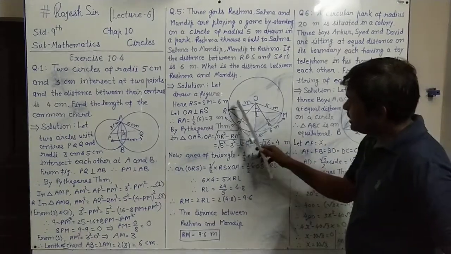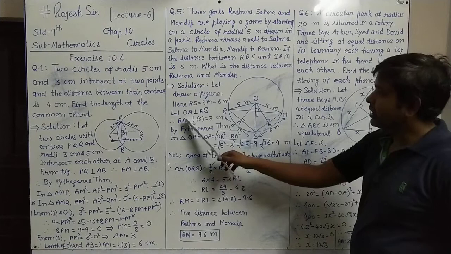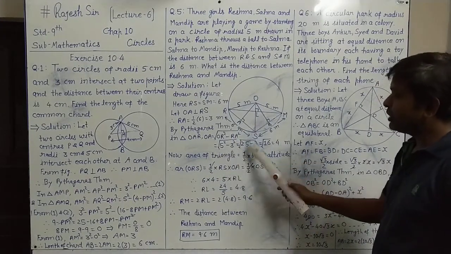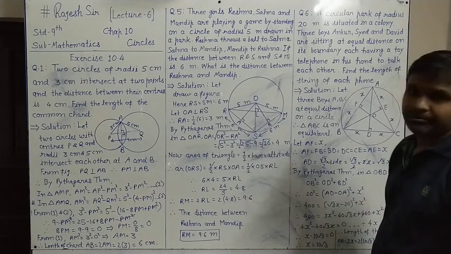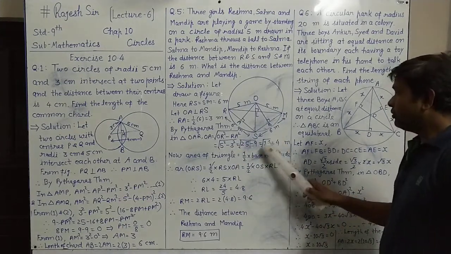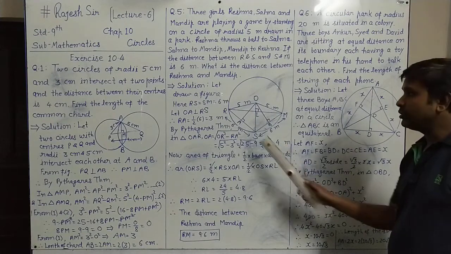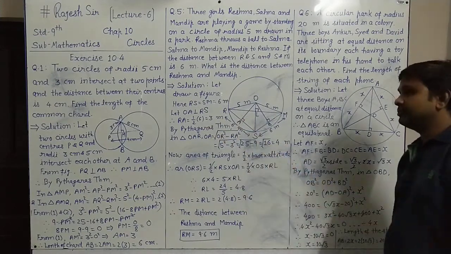OR is the radius, that is 5 square, minus RA, which we found as 3, square. The root of 5 square is 25 minus 3 square is 9. So root of 25 minus 9 is 16, and root of 16 is 4. So OA equals 4.